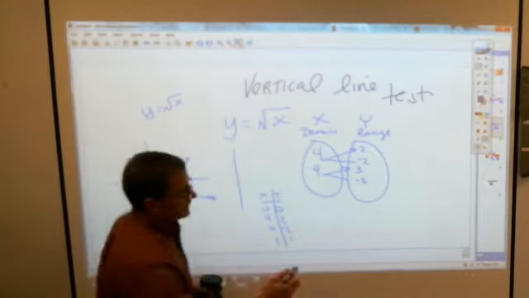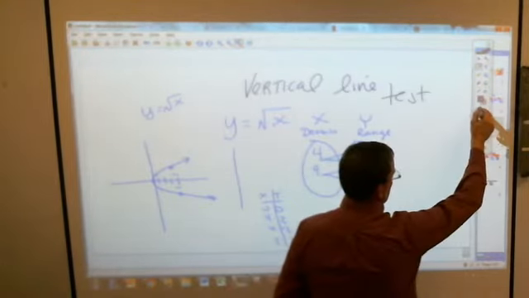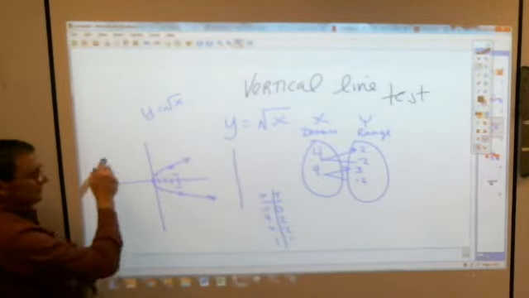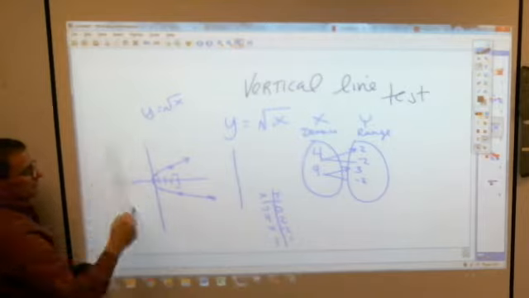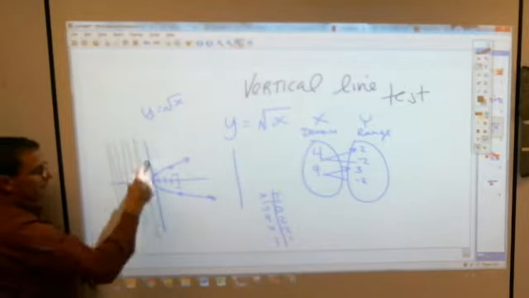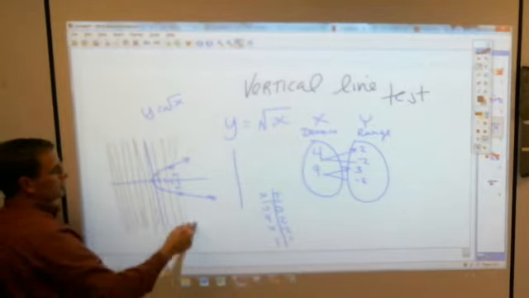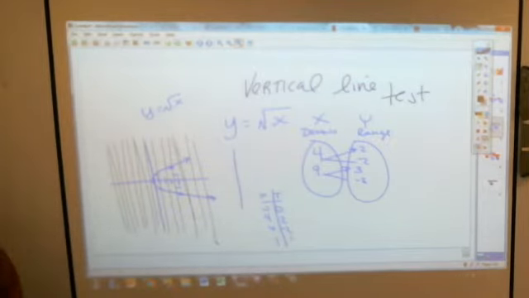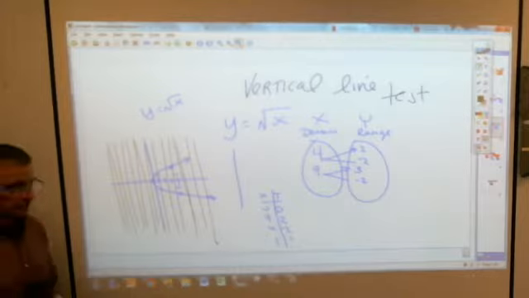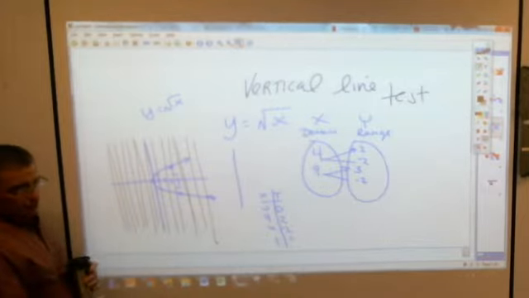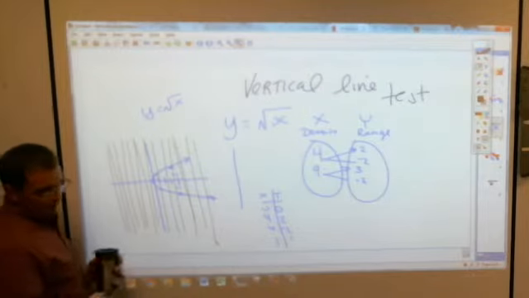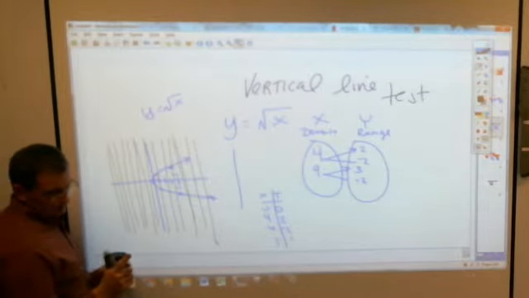If you sit and draw as many, an infinite amount of vertical lines, and you don't have to do this because it should be plainly obvious to you. If you draw all those vertical lines in there, the vertical line test for a function says that no vertical line you draw can touch the graph of whatever you're graphing in more than one place.